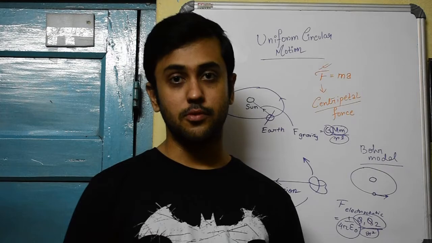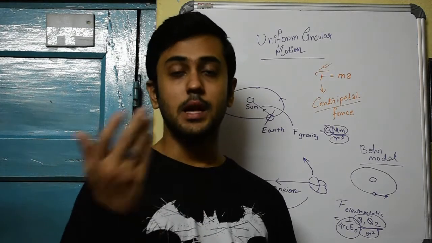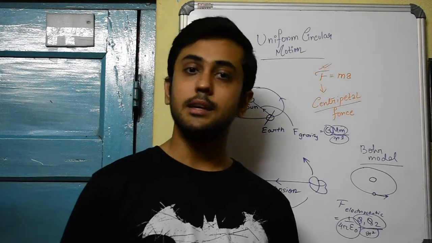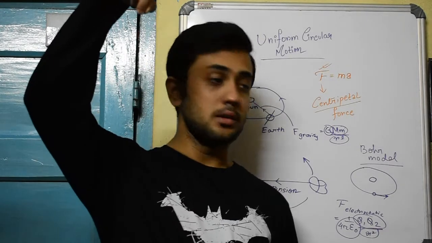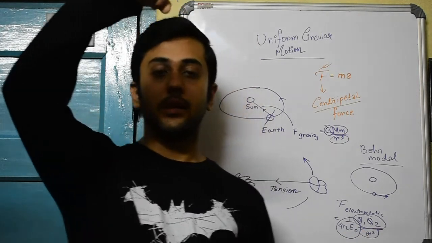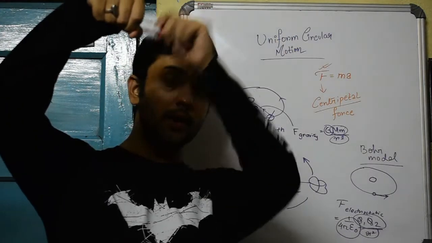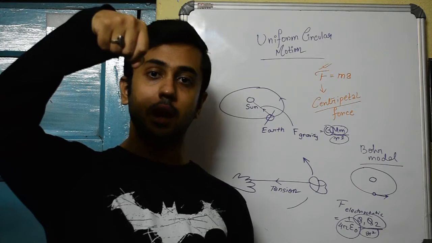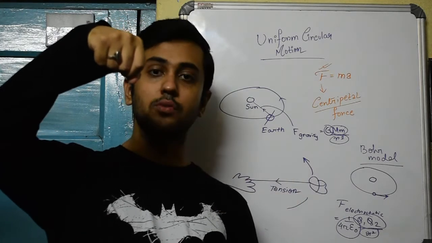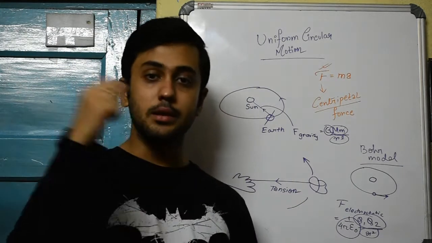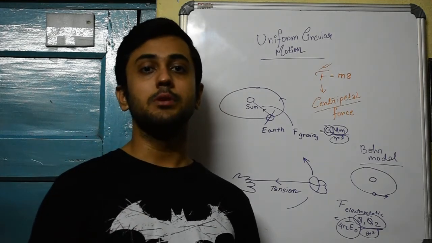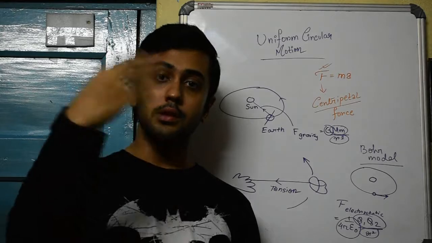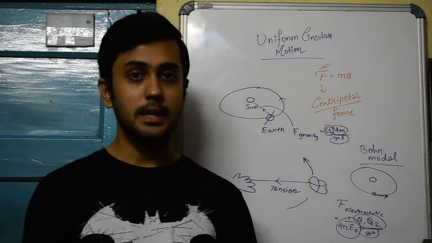The moment you make a circular motion, the centripetal force comes into play. I can simply hold the stone with the string like this, not making it move in a circle. Even in this case, the tensional force is present. Otherwise, the string would break and the stone would fall. The moment I make it move in a circle, the centripetal force comes into play. But the tensional force is always there, whether you are moving it in a circle or not.